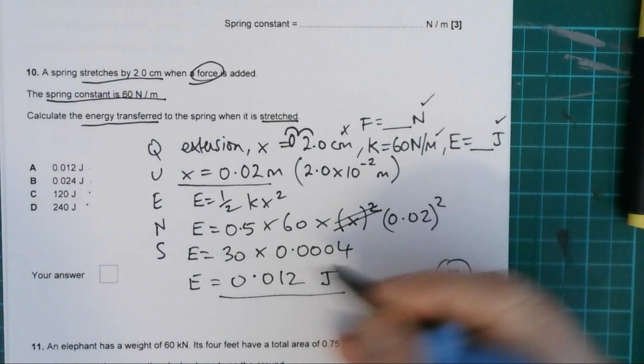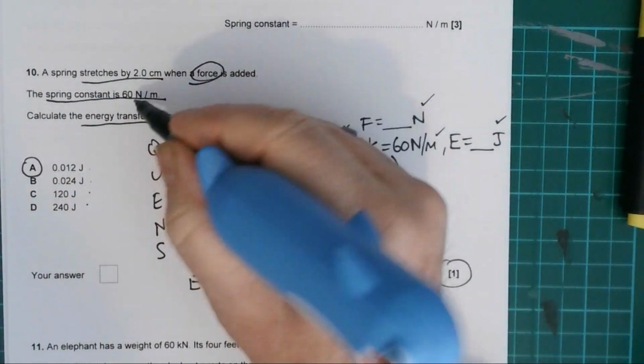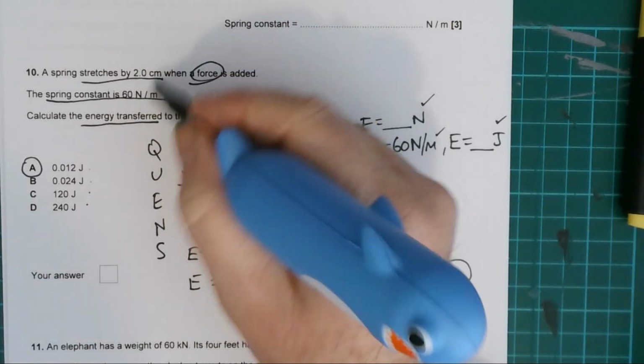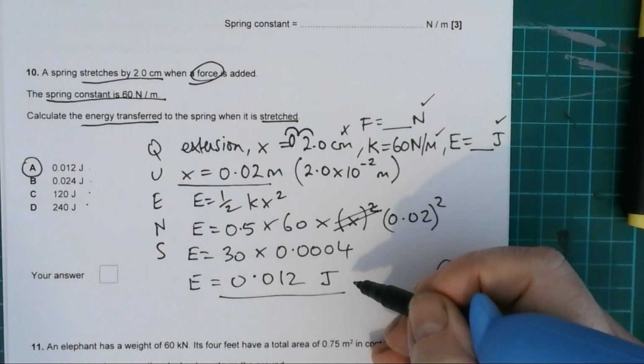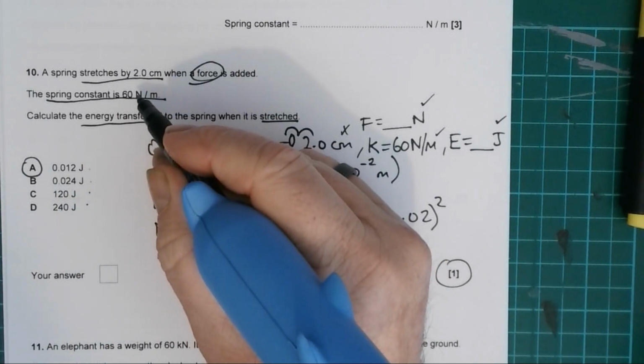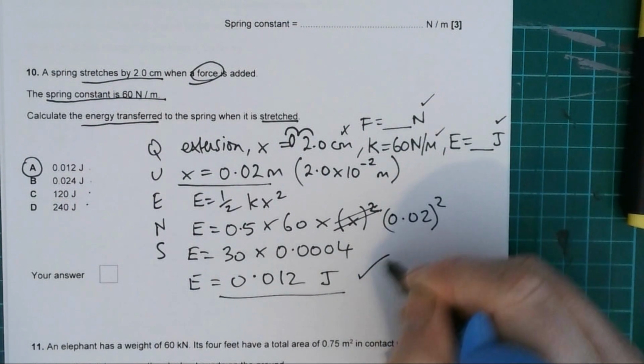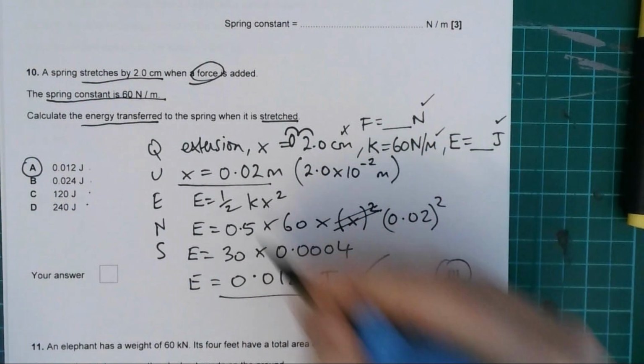Let's see if it exists in my options. Oh, there it is, A. So no, it isn't C, it isn't 2 times 60. Don't jump to conclusions, work it out. If you would have said 120 joules because you're being lazy, you got it wrong. I've got it right. Thank you, QUENS.